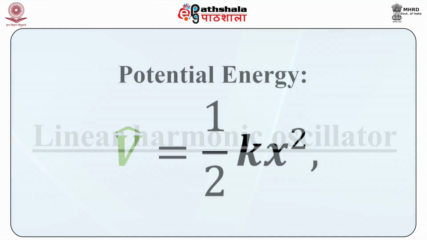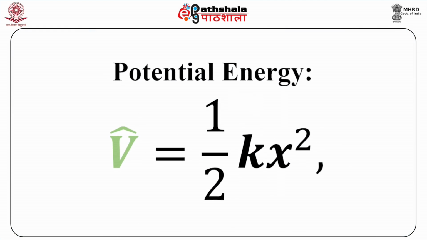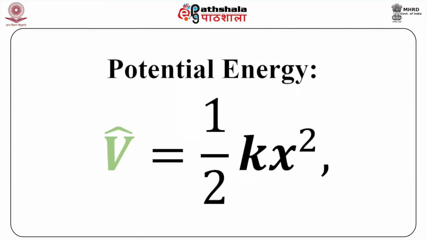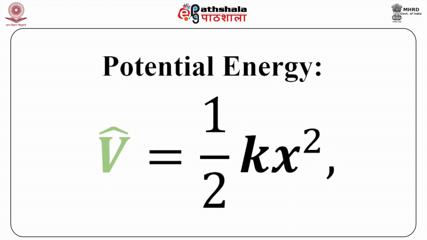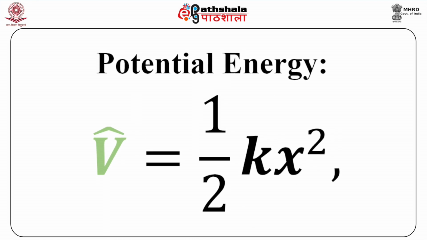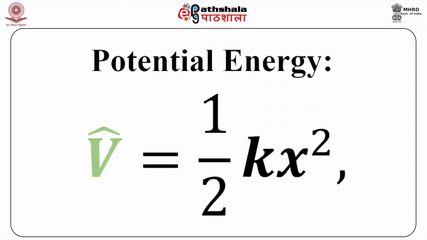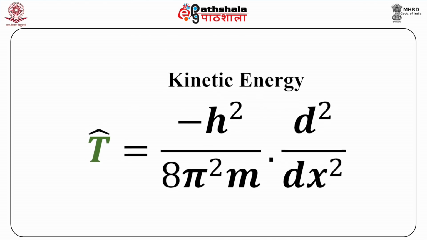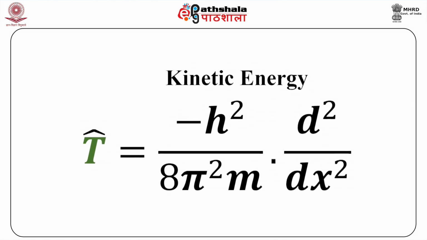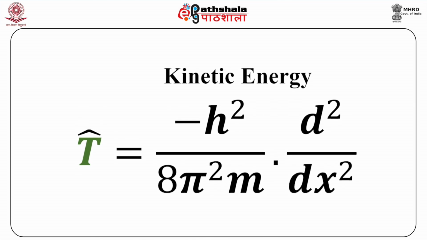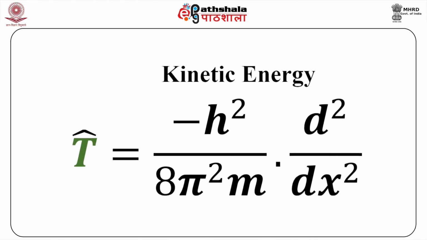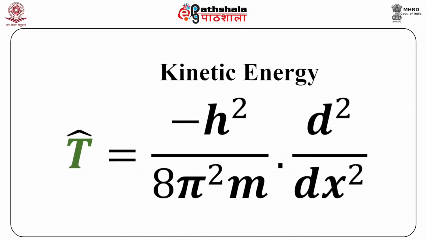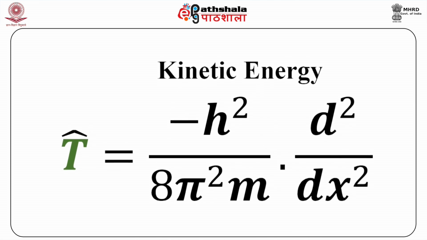In that case, potential energy would be, according to Hooke's law, equal to half k x square, and the corresponding kinetic energy operator would be minus h square upon 8 pi square m d2 upon dx2, because the oscillator is oscillating along the x direction.